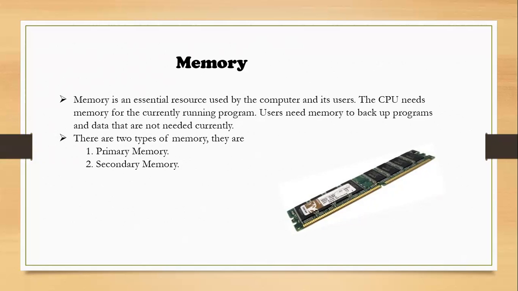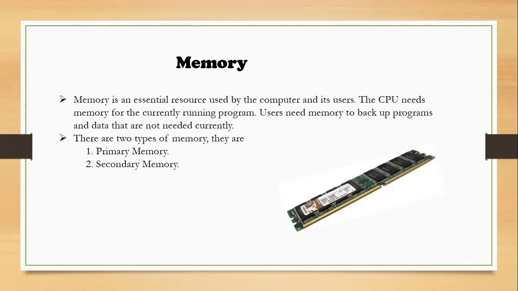In one of our previous classes, I said that whenever I use the word memory alone, it means that I'm talking about primary memory. Primary memory means RAM, random access memory. During the execution of your program, all the program instructions and data have to be loaded into primary memory. Only if your program is loaded into memory does the CPU consider it for execution.